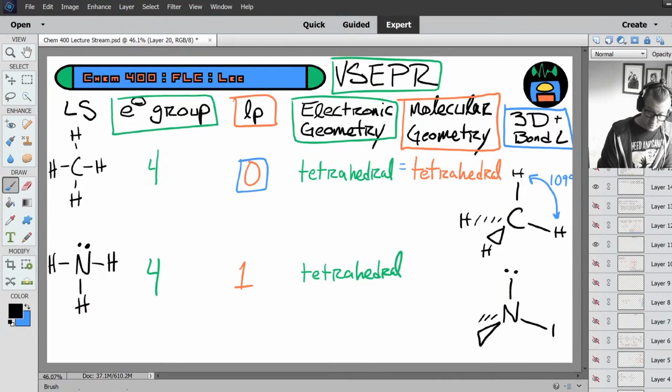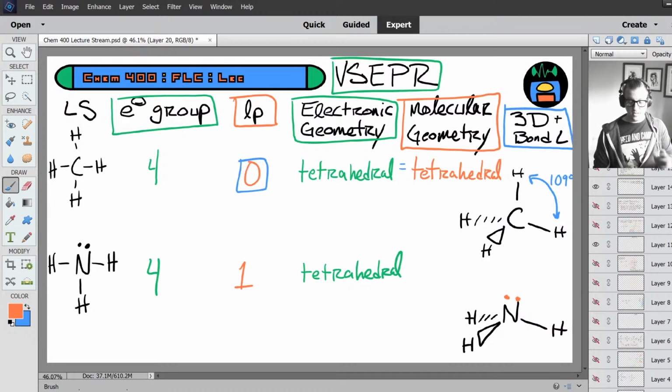I think it would be easiest to visualize if I put it on top, which is why I selected it. So that is a representation of the electronic geometry. We know, however, the molecular geometry does not take into account the shape of the lone pairs, just the shape of the atoms. So if we take that lone pair and just write it as a dot above nitrogen, this is the three-dimensional representation of the molecule.